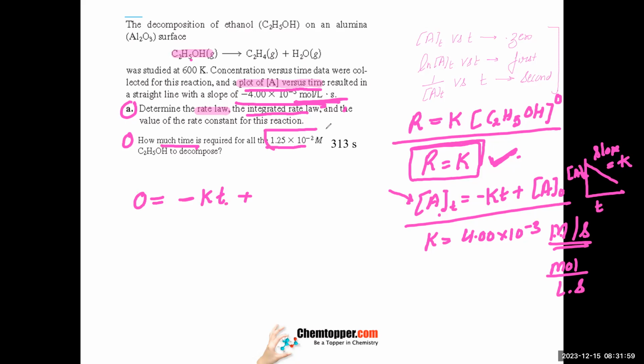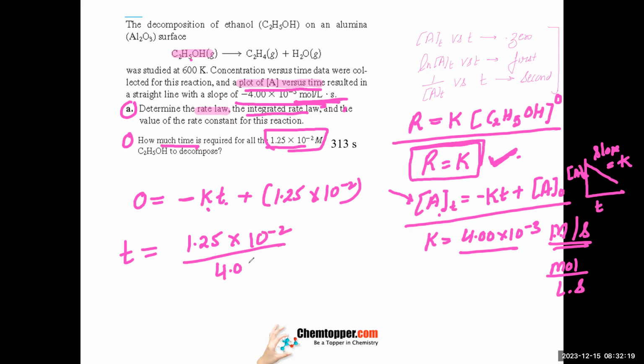A naught is 1.25 times 10 raised to minus 2. Plug in K, which you know. So rearrange the equation. Isn't it 1.25 times 10 raised to power minus 2 divided by 4.00 times 10 raised to power minus 3? Is this the answer?